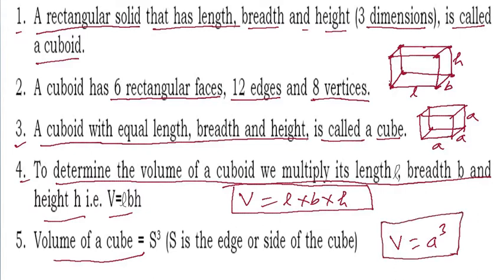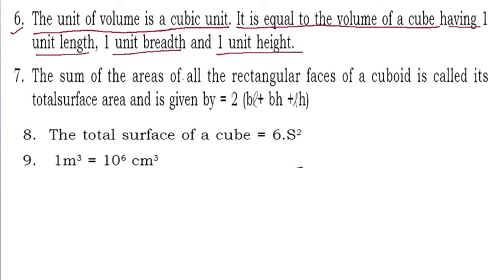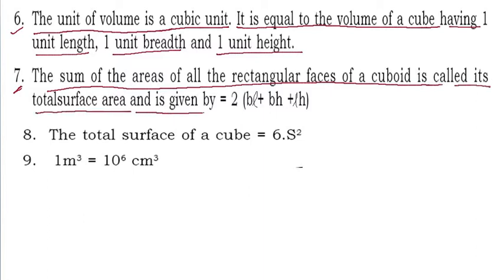Now come to the next one, that is the 6th point. The unit of volume is always, remember, a cubic unit. It is equal to the volume of a cube having 1 unit length, 1 unit breadth and 1 unit height. Now 7. The sum of the areas of all the rectangular faces of a cuboid is called its total surface area and is given by this one.